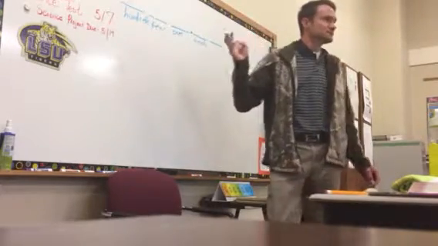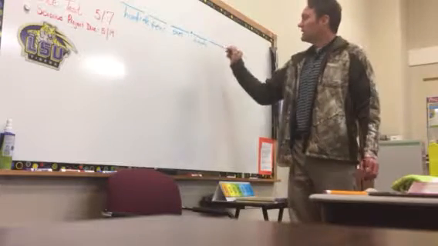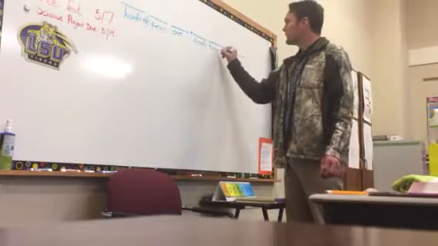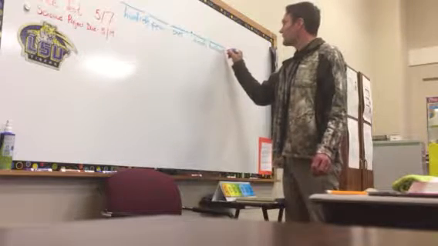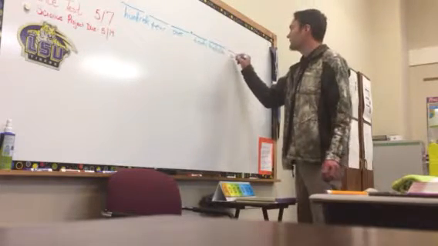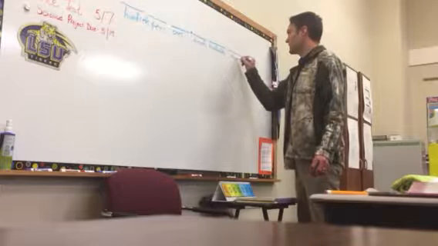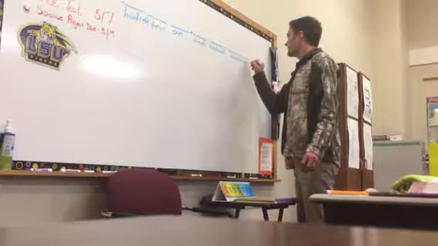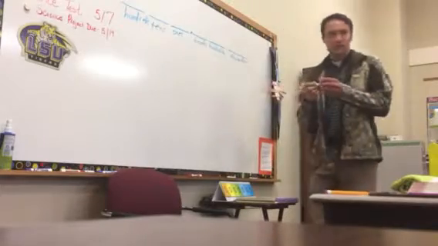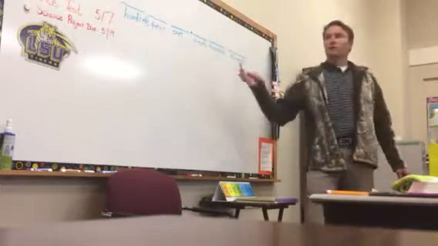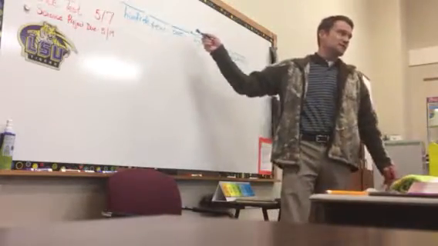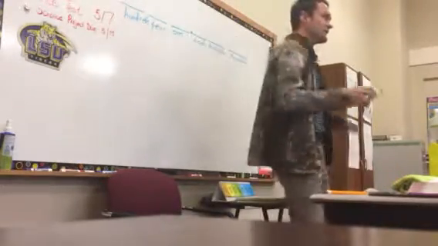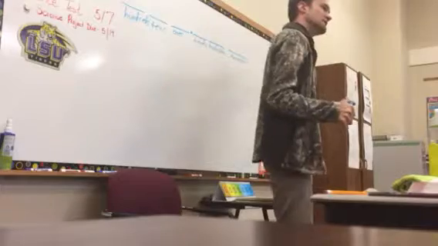Then we have hundredths, and then thousandths. Because remember, when we're going to the left, we go ones, tens, hundreds, thousands, but then we go the opposite way when we have decimals.